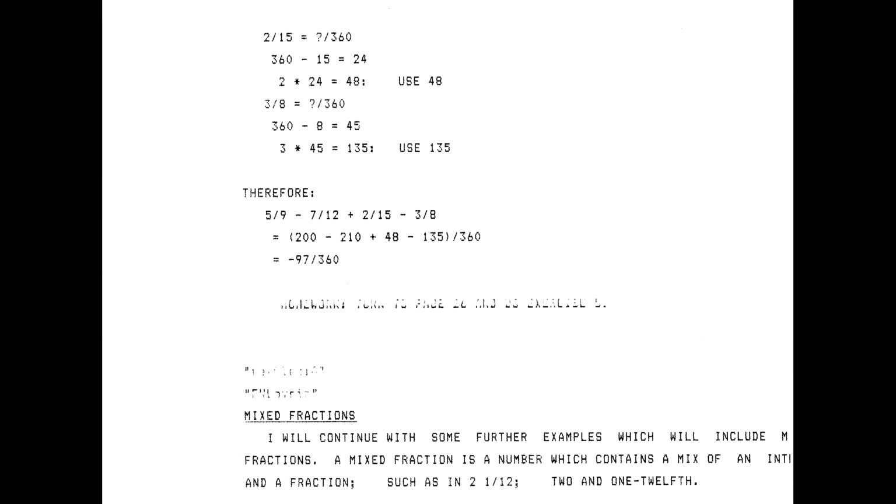We now do a few more examples. We want to add 3 over 8 plus 7 over 12 plus 5 over 18. Factor the denominators into primes, and you have 2 times 2 times 2 in the first fraction, 2 times 2 times 3, and 2 times 3 times 3 in the last fraction.